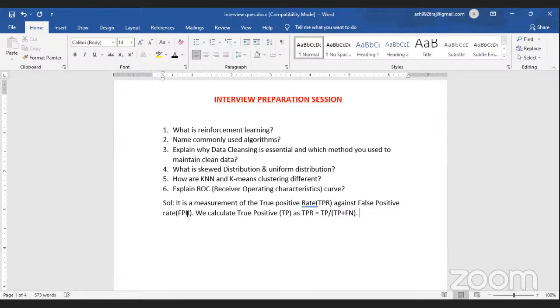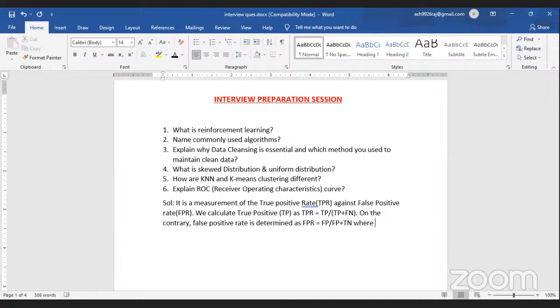On the contrary, false positive rate is determined as FPR is equal to FP divided by FP plus TN.